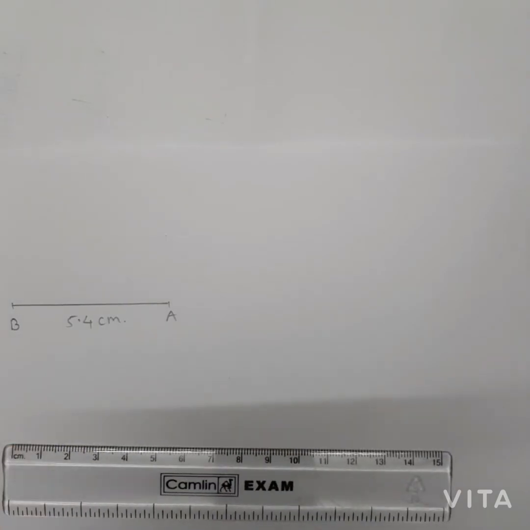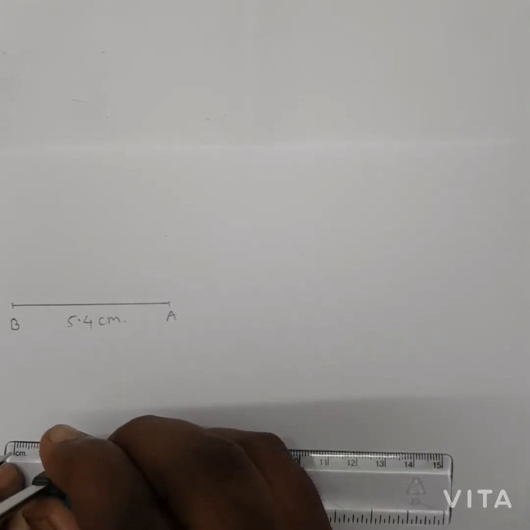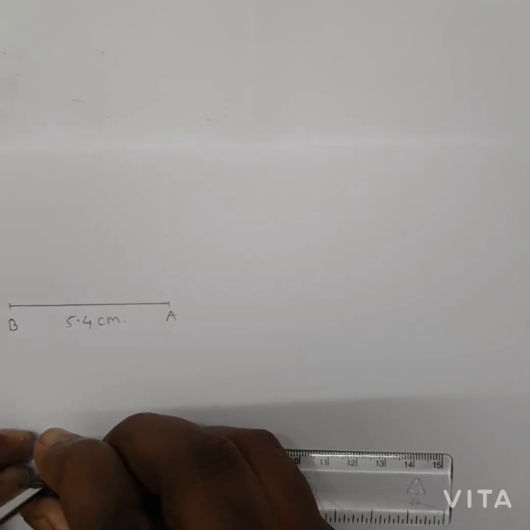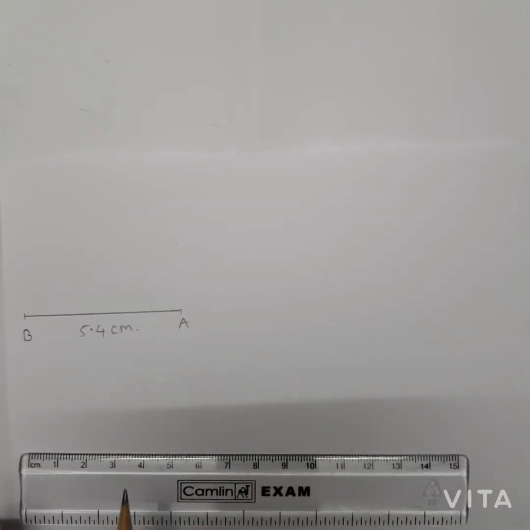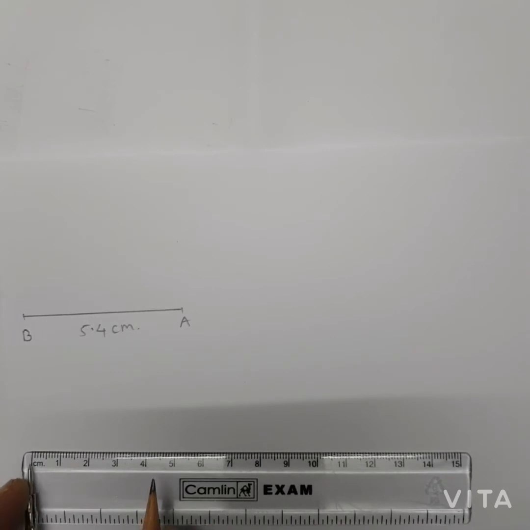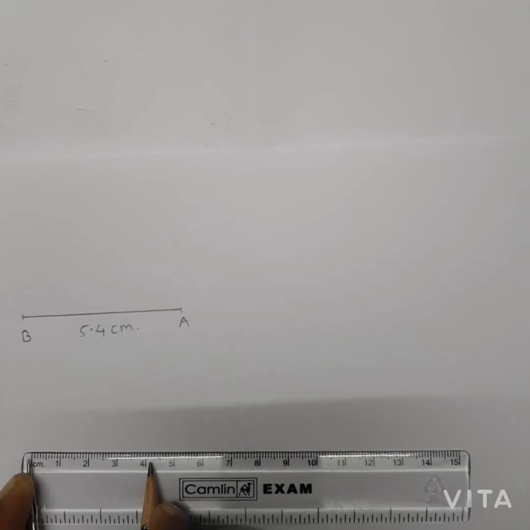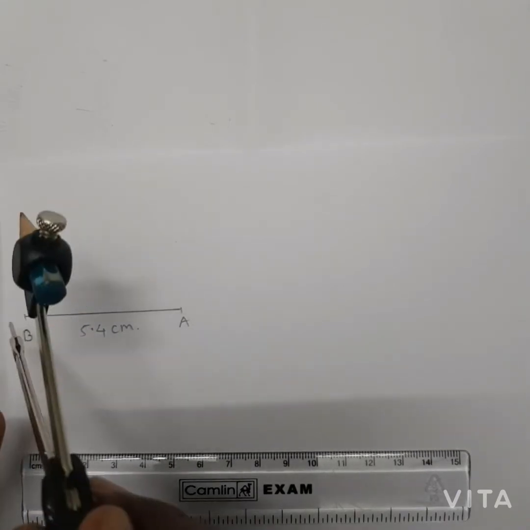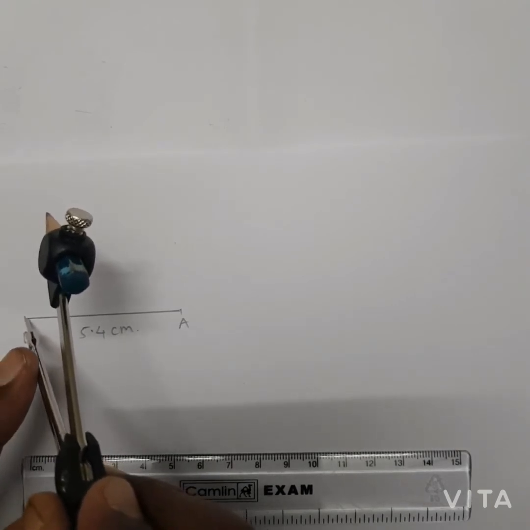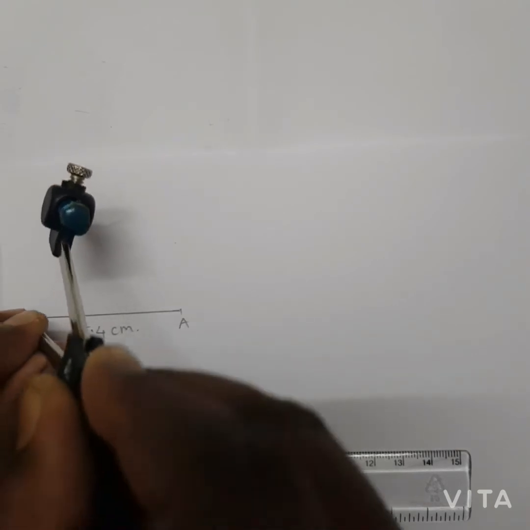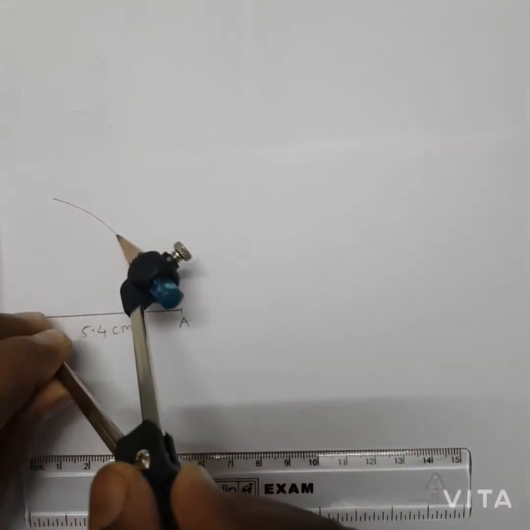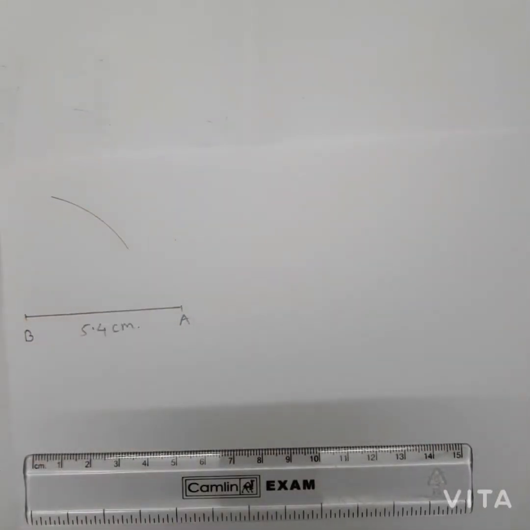Now side BC is 4.2 centimeter. We have to take the length 4.2 on the compass. See here how to take the length in the two ends of the compass, 4.2 centimeter. From point B, draw an arc of length 4.2 centimeter in this empty area.